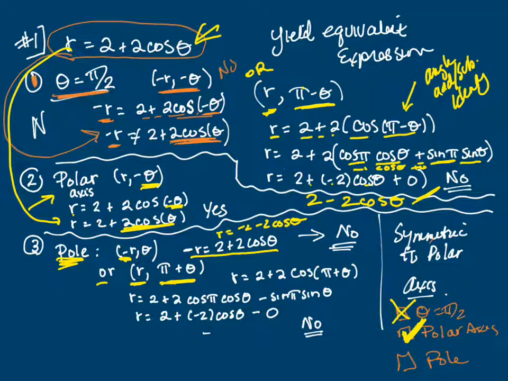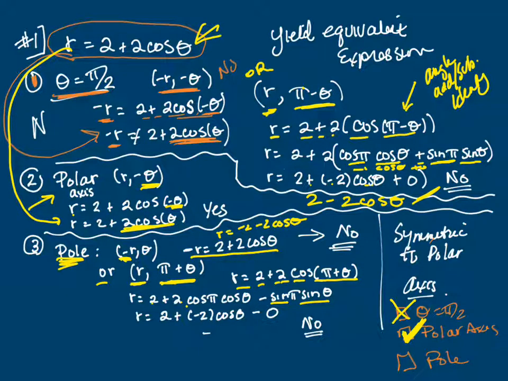Now, the OR part said take r, keep it positive, but do pi plus theta. So here's me writing it out: r equals 2 plus 2 cosine of pi plus theta. So now I have to use the angle addition property. I get 2 plus 2 cosine pi cosine theta minus sine pi sine theta.